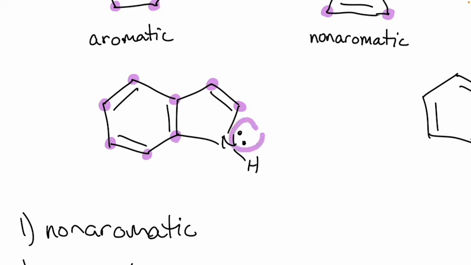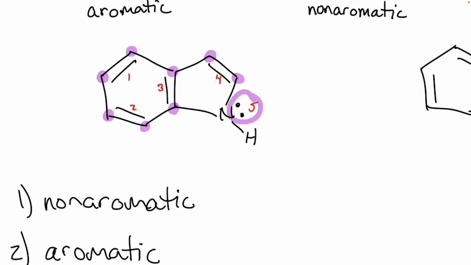But then I've got this lone pair here. So again, in these situations, I have to decide, is that lone pair going to participate in the ring or not? And it's only going to do so if it makes the compound aromatic. So I'm going to go through and count what I already have. 1, 2, 3, 4. So is it going to participate or not? Yes, because that would bring me up to 5 pairs of electrons. So indeed, that would make this compound aromatic.